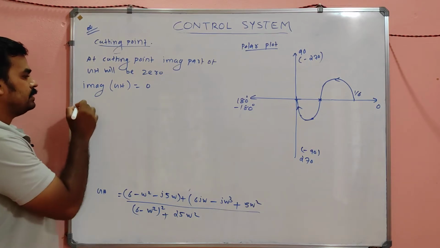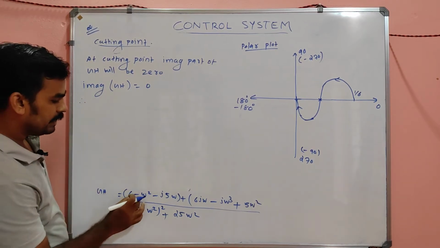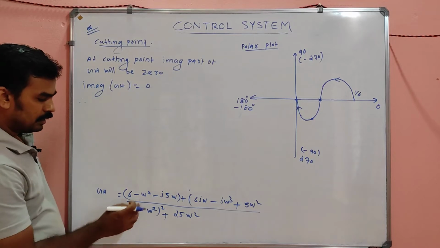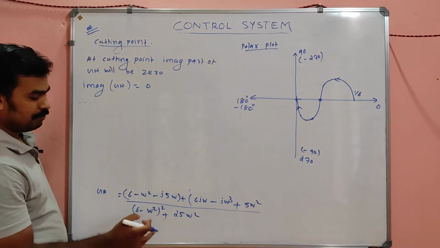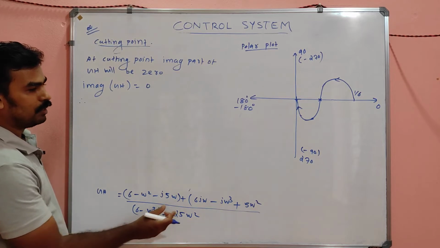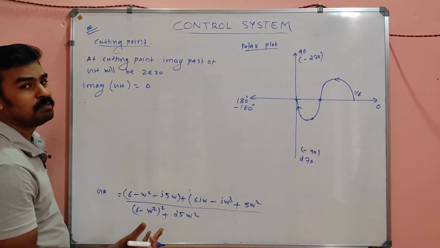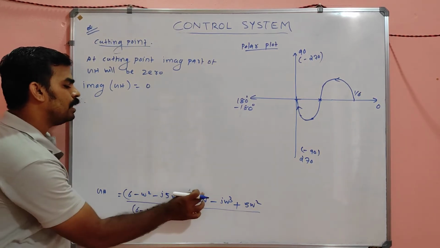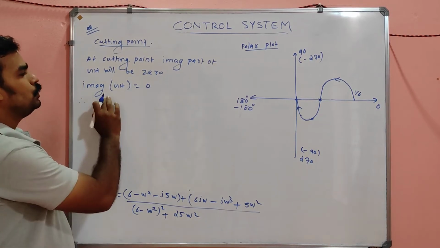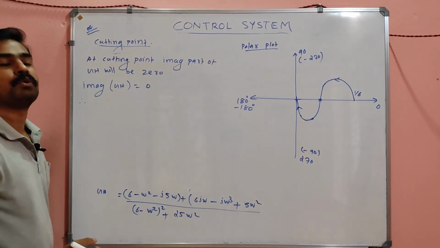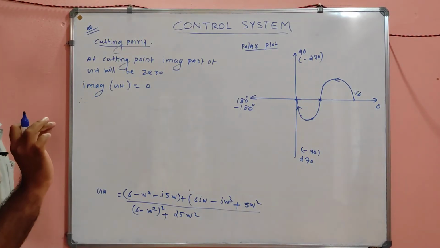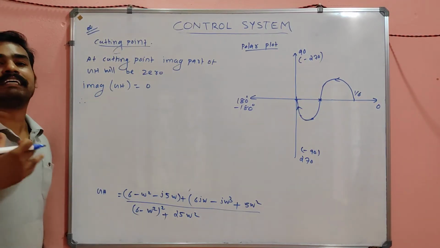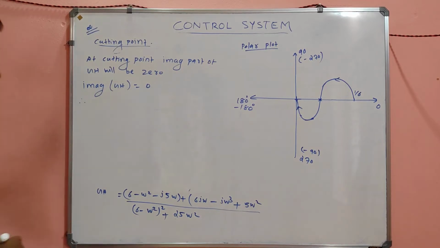What is the imaginary part here? Does the denominator contain any imaginary part? It contains only omega square and omega square. There is no j term in the denominator. Only the numerator has an imaginary part. So the imaginary part will be 0. I already told you, at the cutting point there will be only real terms, no imaginary term.